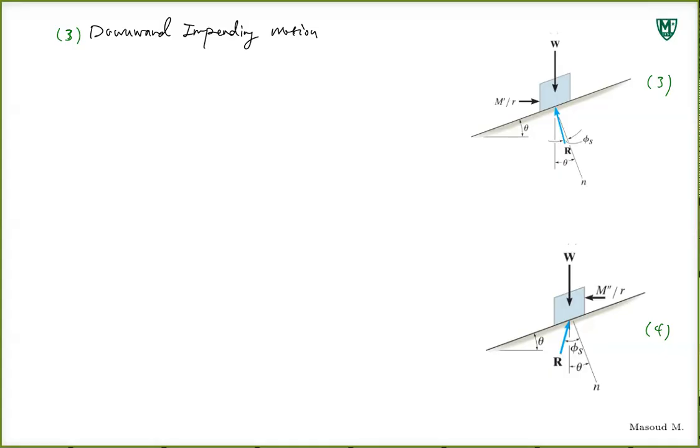So in downward impending motion, what happens is that we need to apply some moment. We'll just call it M prime here because we used M for upward impending motion. We need to apply a moment M prime to prevent the screw from going down. Right?